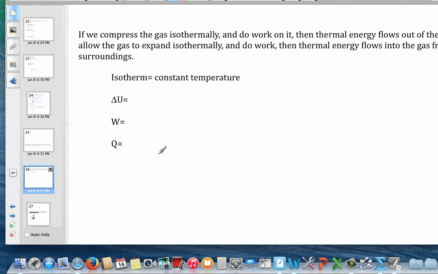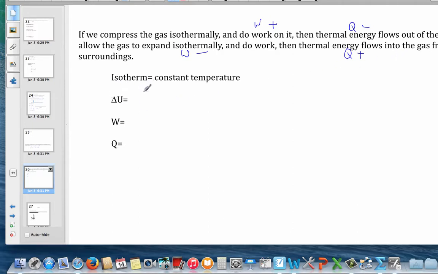So to summarize, if we're compressing the gas and doing work on it, that's work in, or positive. That means thermal energy would have to flow out and be negative in order for the internal energy of the gas to remain fixed. And if we allow work out, say the gas does work, the work out is negative, then thermal energy will flow in, and in is positive, again to ensure there's no change in the internal energy of the gas.